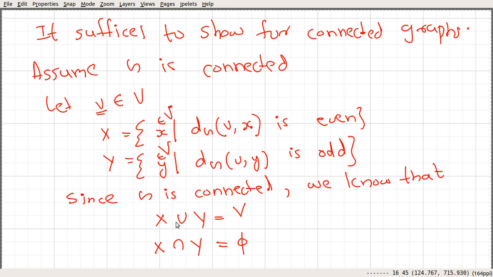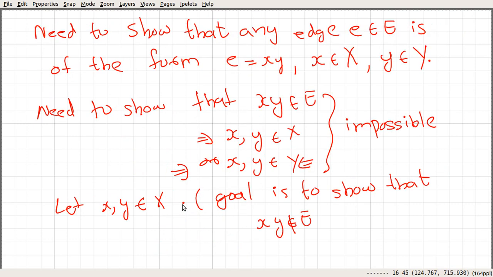So we have this partitioning, and after we have partitioned the set into X and Y, we need to show that any edge in the edge set of the form xy has x in X and y in Y. If we are able to prove this, then we can surely say that we have a bipartite graph.